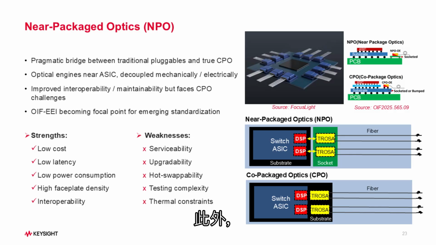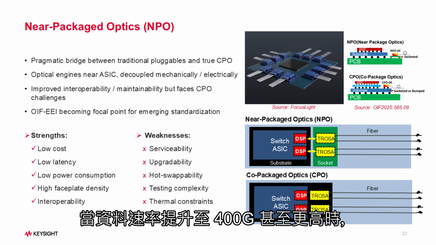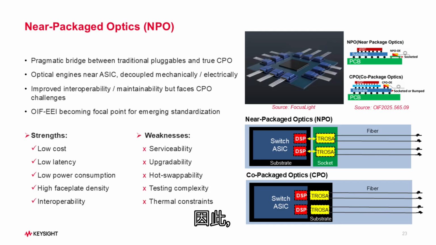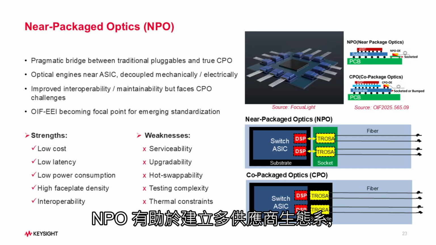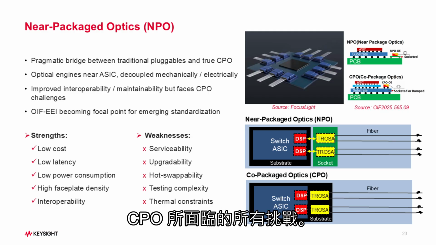In addition to that, NPO still needs to deal with short electrical traces connecting the optics to the switch ASIC, which could potentially be even more challenging as we go higher in data rates to 400 gig and beyond. So in summary, NPO opens up the ecosystem for multi-vendor participation, but it does not solve all the other CPO hurdles that we face.